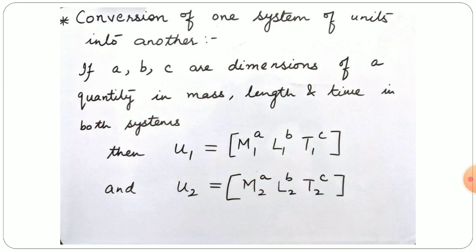These are the dimensions of the physical quantity in mass, length and time respectively. These dimensions are the same in all systems of units, so we can write the same powers A, B and C.